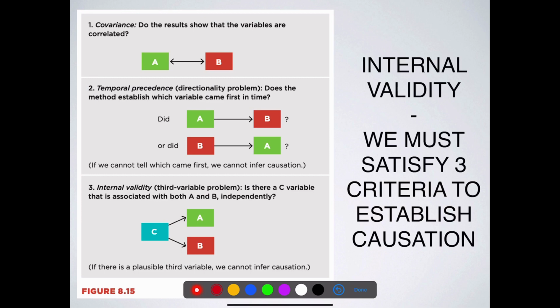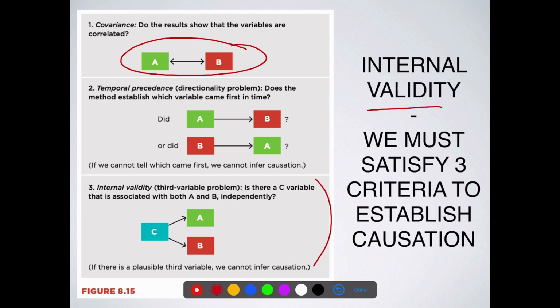Okay, so when we're asking about internal validity, we're asking about one aspect of the criteria for causation, right? So let me walk you through the criteria for causation, and then I'll get to internal validity. To be able to claim one variable, the IV, caused the DV, and is not just related, you have to establish covariance.